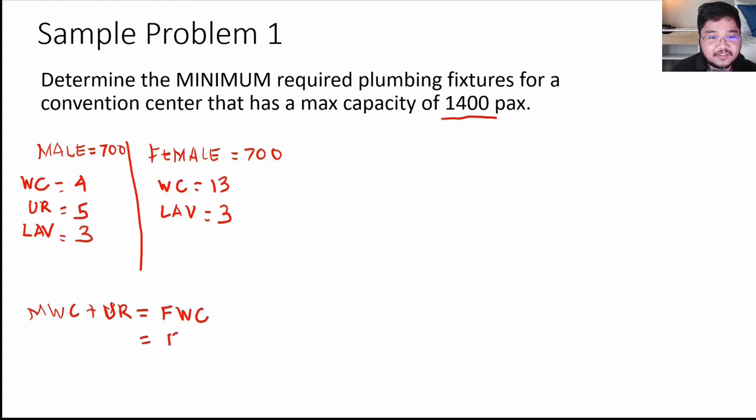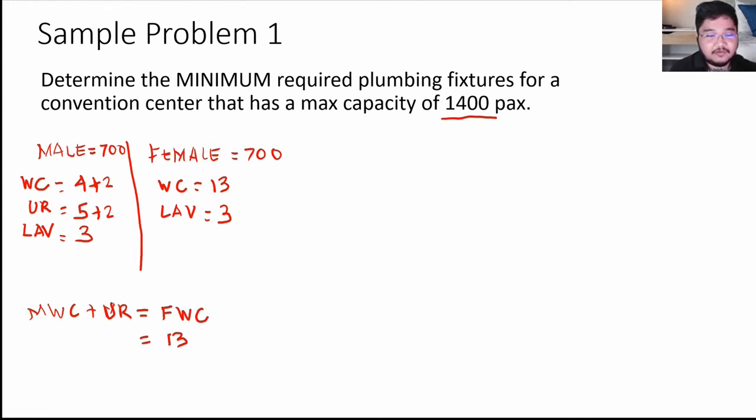So that's 13. So we need to add more to the male plumbing fixtures so that it will be equal to 13. So we can assume now we can add 2 in each. So plus 2, because 4 is what's lacking, because 13 minus 9, that's 4.